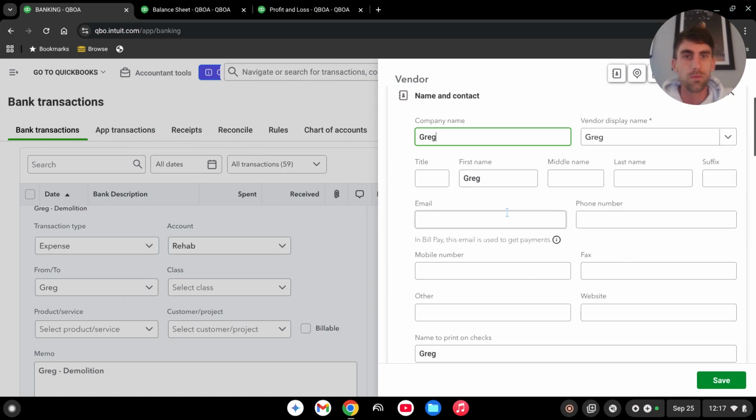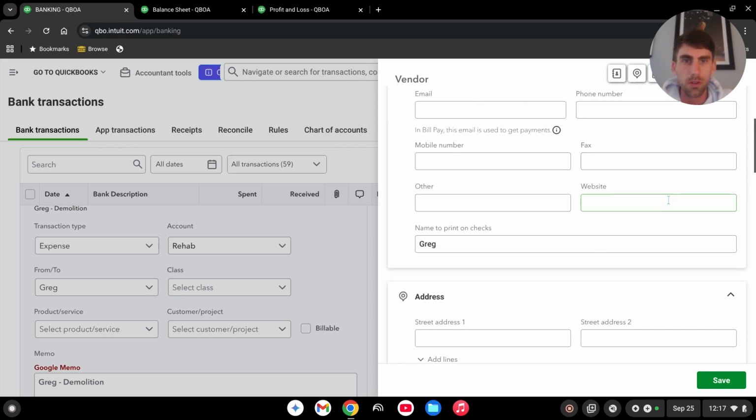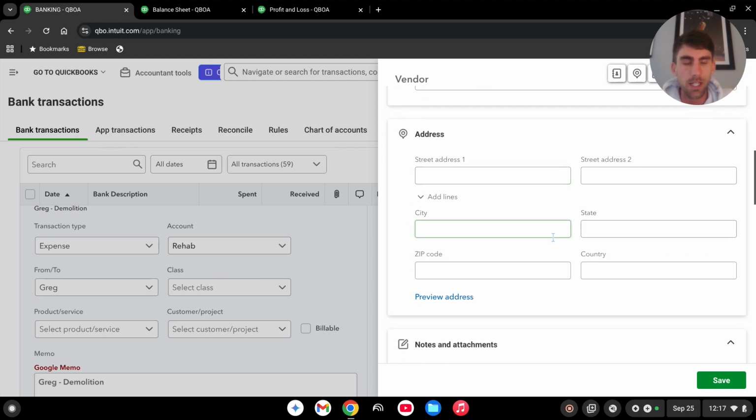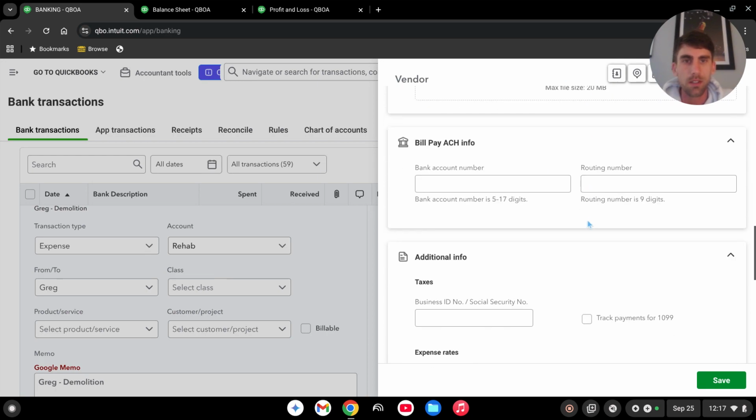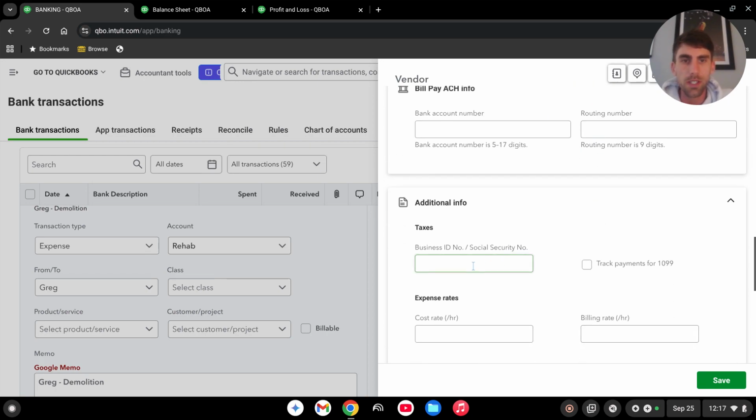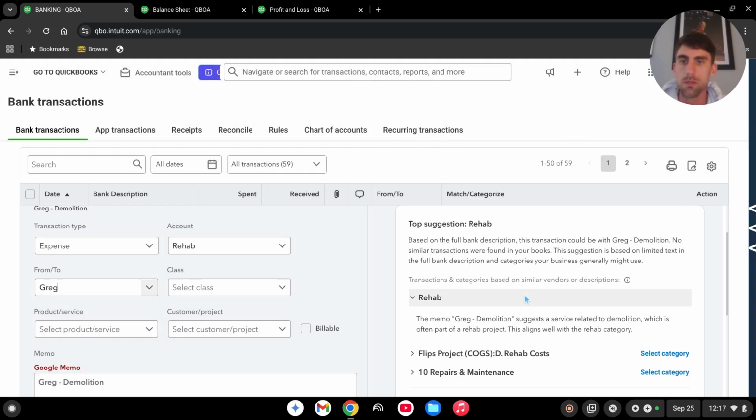So when they fill out that W-9, they should give you all the information. You want to put in their email, phone number, their address for their business, their EIN number or their social security, and then right here you're going to track the payments for the 1099. So that'll be important for you to track throughout the year.